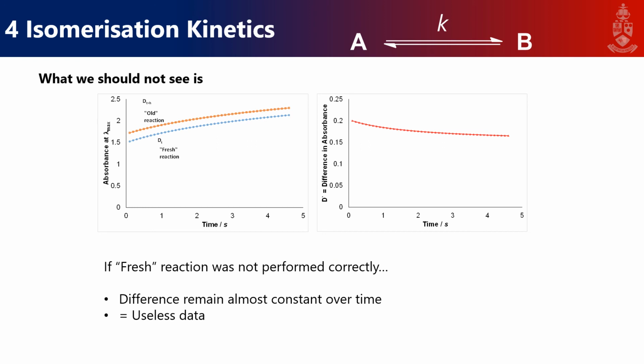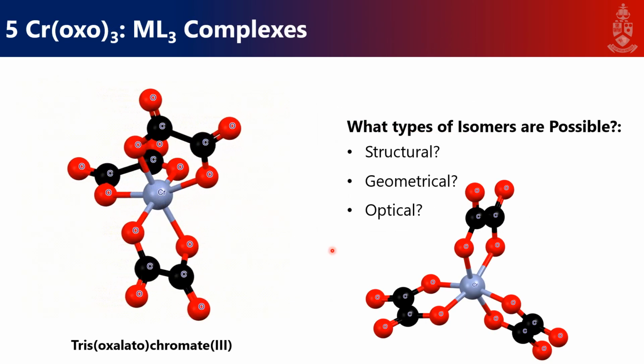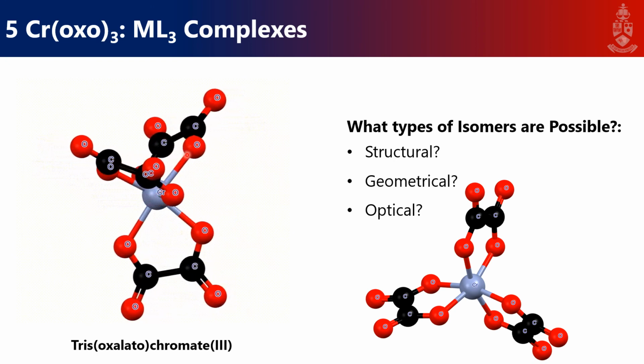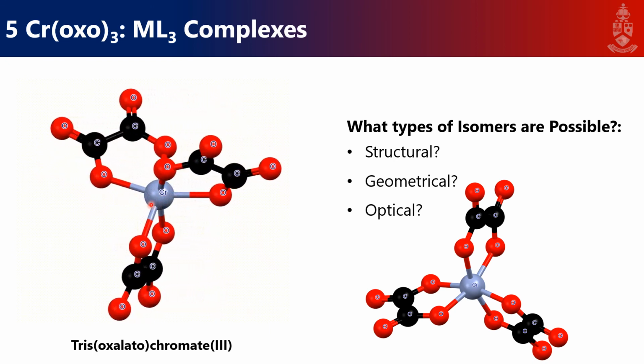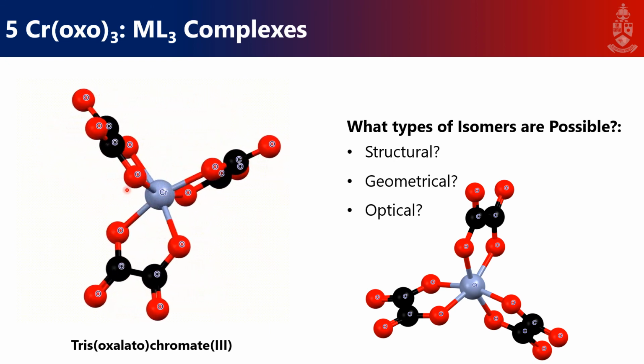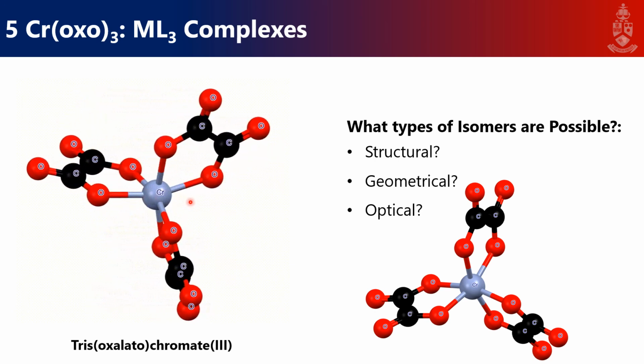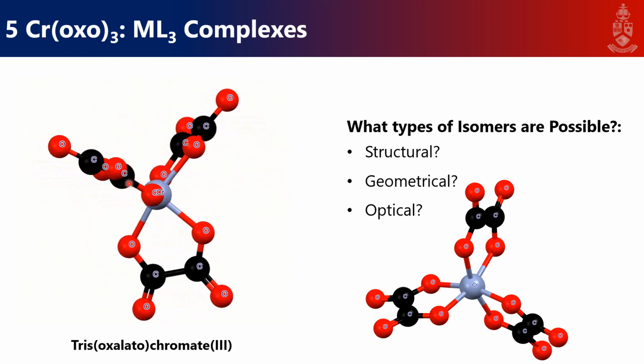Let's move on to the final part, which is the ML3 complex. Here it is. Now we've substituted the two aqua ligands for another oxalato ligand. So this is how our full ML3 complex looks: chromium oxalato 3.